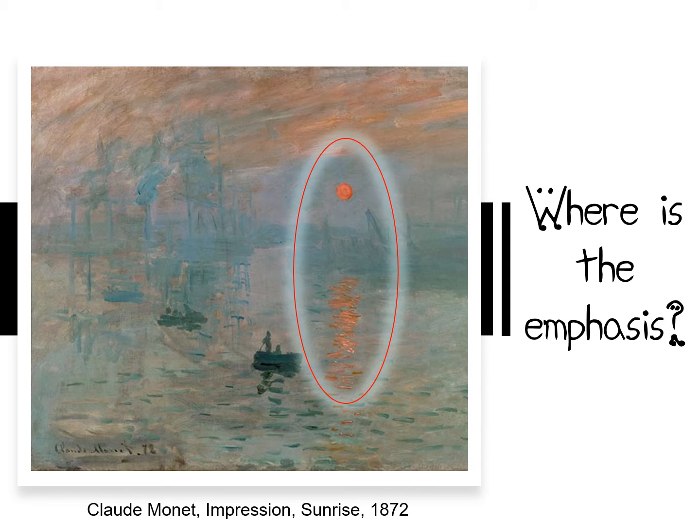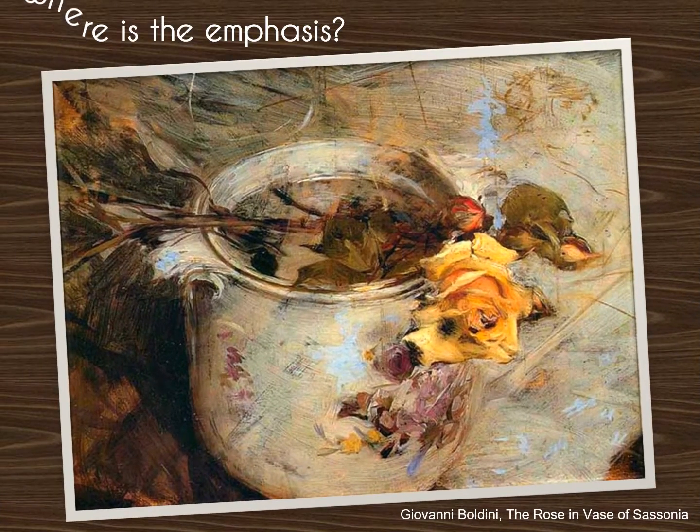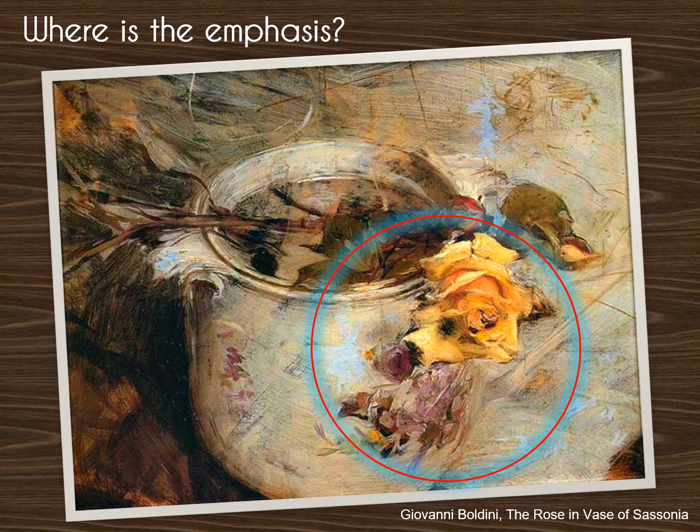If you said the area of the sun and the reflection, you are correct. What about this artwork? Where is the emphasis in this painting? If you said the rose, you are correct.